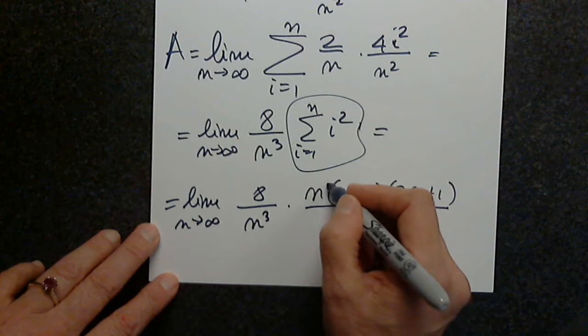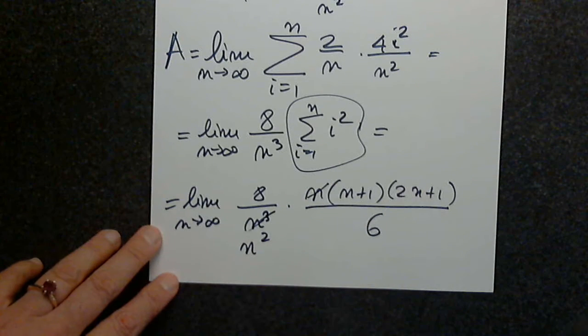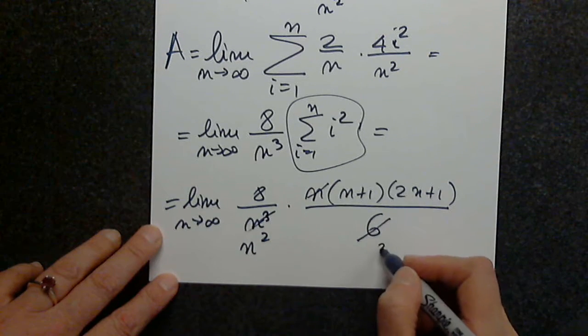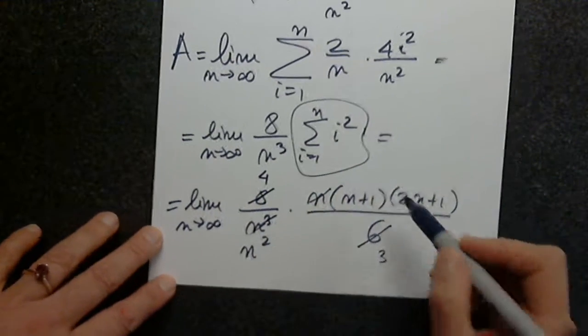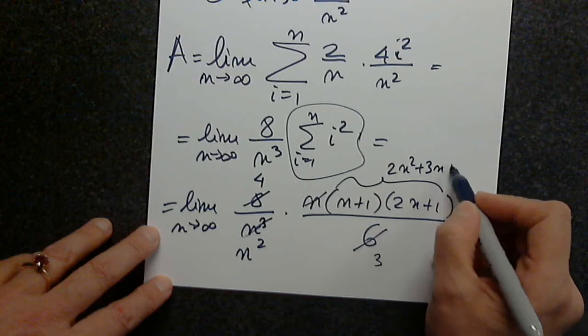I will simplify one n from the top with one n from the denominator, and I will simplify a 2 from here with a 2 from here. I will distribute these two. Always remember this is 2n squared plus 3n plus 1.